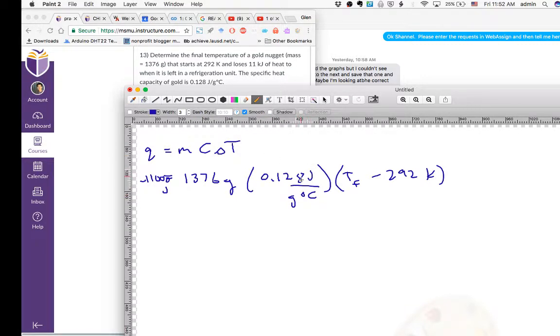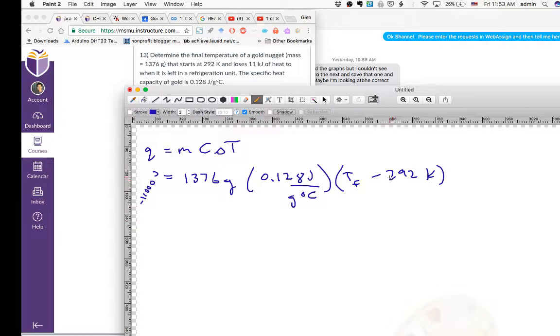It's because joules are what the heat capacity is in. I can't have a problem in which I calculate kilojoules and joules at the same time. I need the same units. Negative 11,000 joules. All right, that's good.